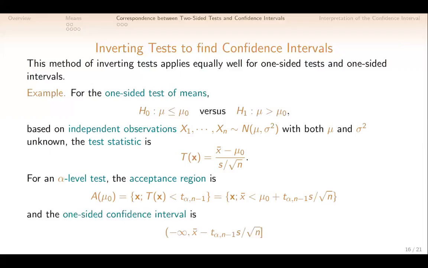So the one-sided confidence interval: I'm going to now isolate mu naught. It is x bar minus, did I do that right? X bar minus t alpha, oh, that should be to infinity. So it should be x bar minus t sub alpha, n minus 1, times s over the square root of n, up to infinity, because mu is greater than that.